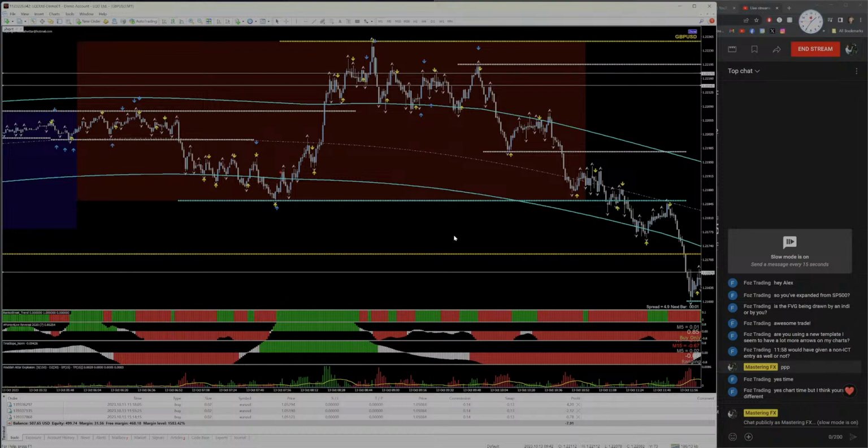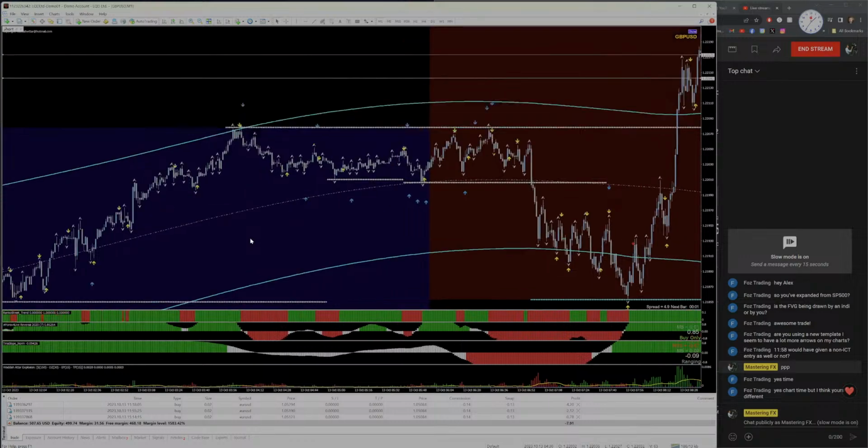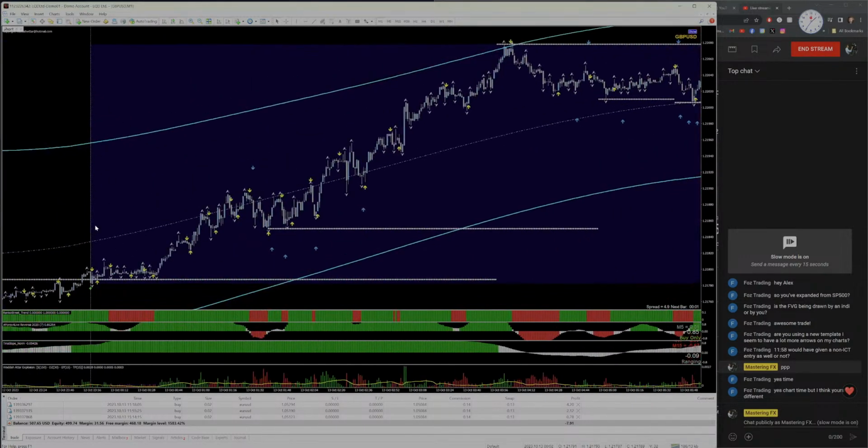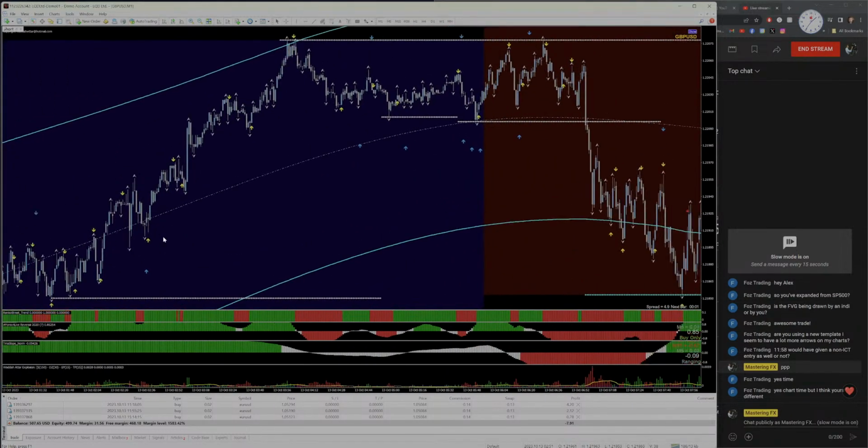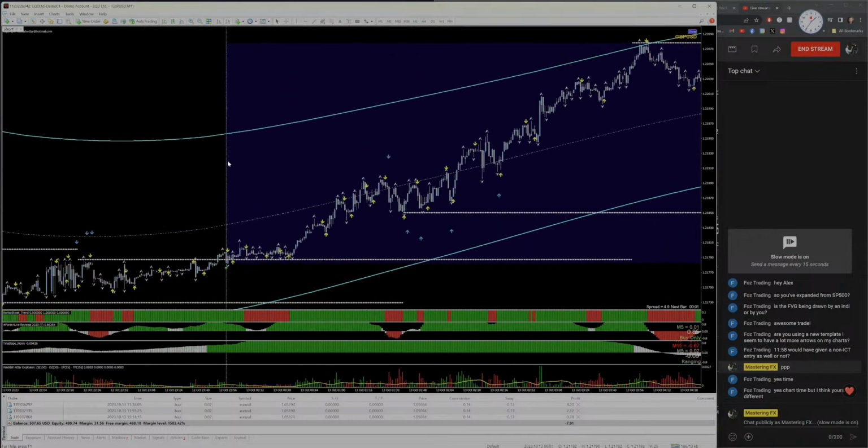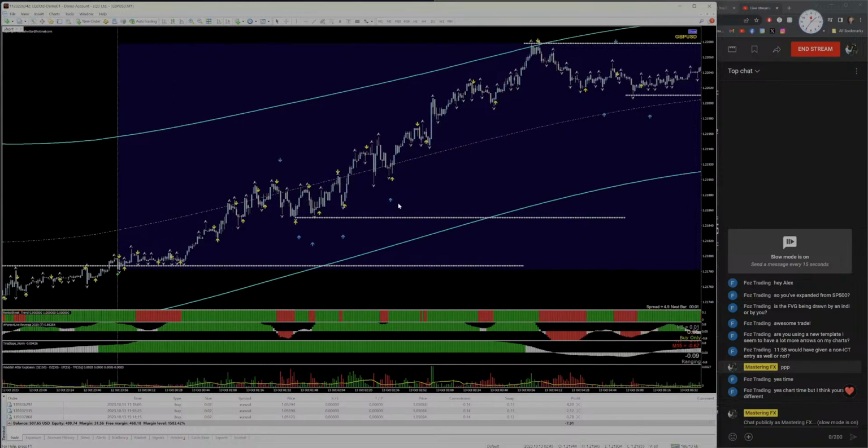Even though that's an automatic indicator, you gotta make sure that it actually shows you the right boxes at the right time, which is, you know, Asian session from, I think it's 8 o'clock. I just set it at midnight. But technically you should set this at 8 o'clock, which right now is set at 6 p.m. Eastern Standard Time here. So I probably have to move that up 2 hours.